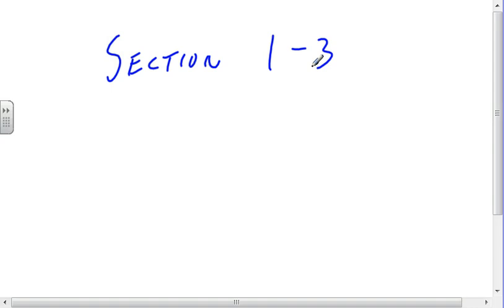I put it in scientific notation, hit the enter button, and go to quit. My calculator is now in scientific notation. Whatever I do, the answer will be in scientific notation. Scientific notation is a number, a dot, a bunch of other numbers, times 10 to some power. That's what scientific notation is.